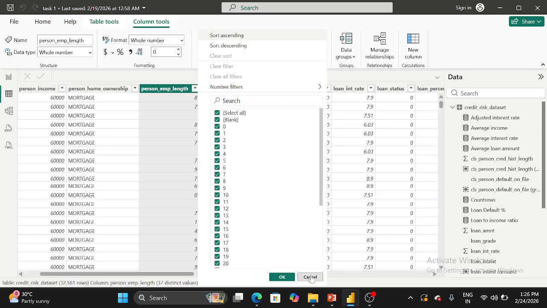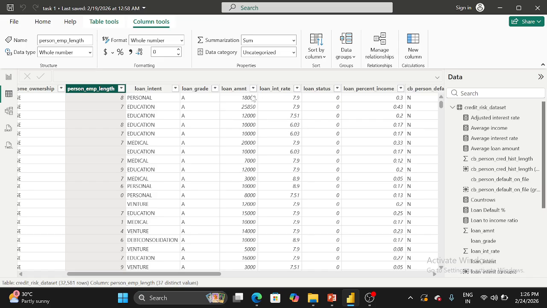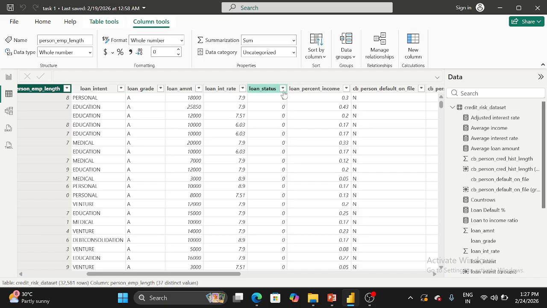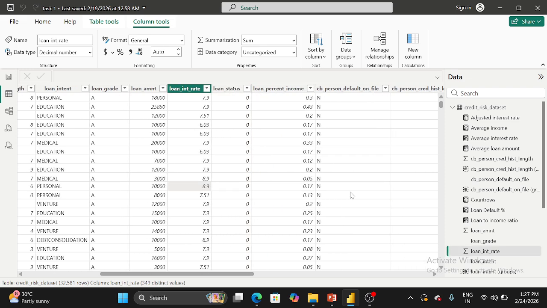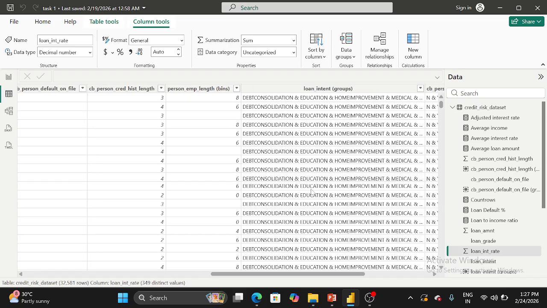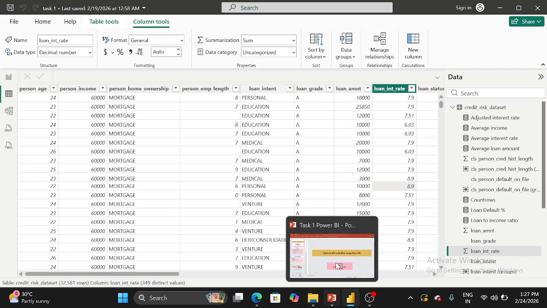It also has the loan intent, the purpose for which the individual has taken the loan, the loan grade, the loan amount, the loan interest rate, and the loan status, 0 and 1. 0 means they are non-defaulters, whereas 1 means they are defaulters. It also has loan percent income and the person's credit history length.